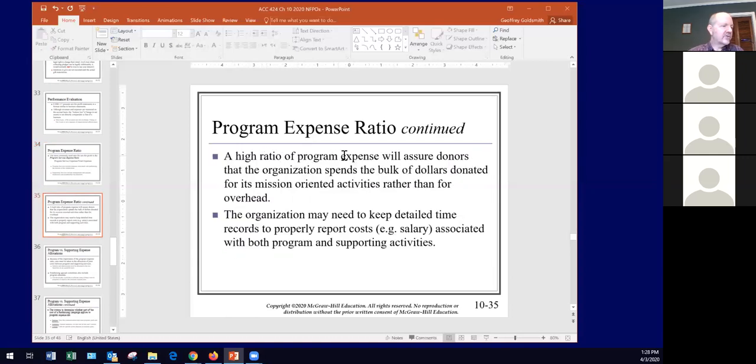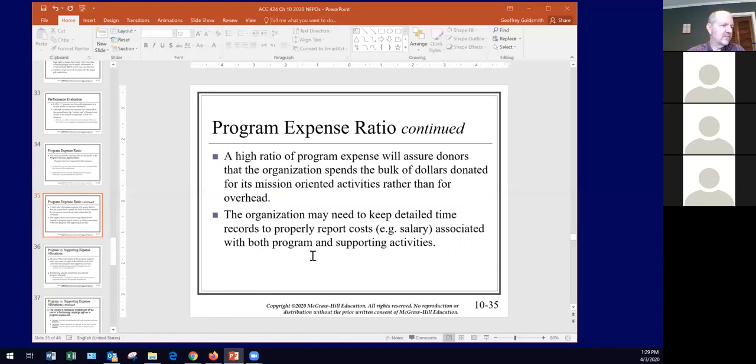A high ratio of program expense will assure donors that the organization spends the bulk of dollars donated for its mission-oriented activities rather than for overhead. If you're concerned about donating money to help non-governmental agencies help people in need, then many people think you should look and see which ones are most efficient at doing it.